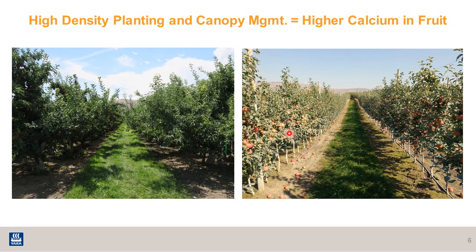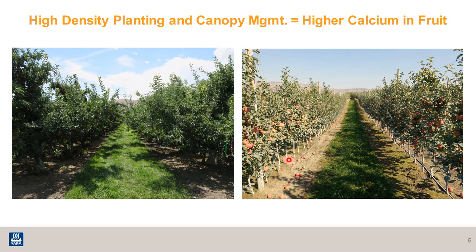Dwarfing rootstocks will control the height and the vigor of the trees so that you have fewer leaves in the way of the fruit. This way, the fruits are more exposed to sunlight, giving them better color near harvest. Also, when you spray the orchards with nutrients such as calcium, more of that nutrient spray will end up on the fruit, and therefore you get more absorption.